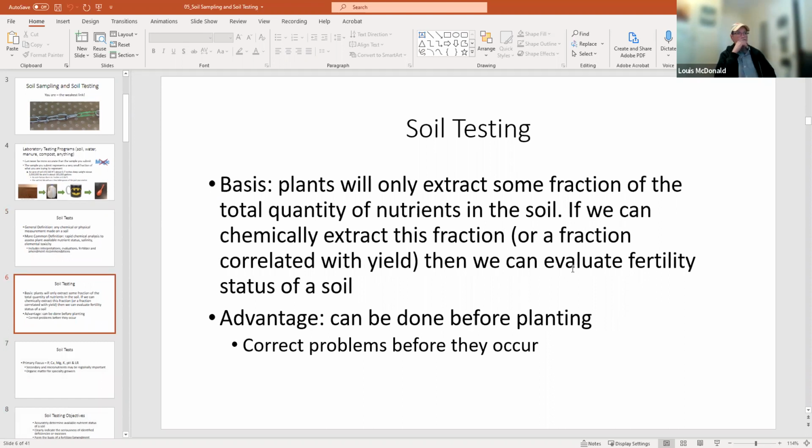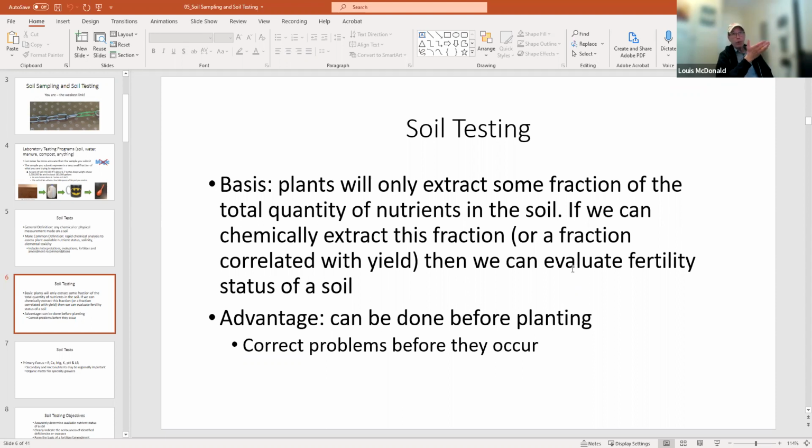So here's the idea, right? Plants are only going to extract some fraction of the total amount of the nutrient that's in the soil. Okay. And so what we want to do is extract chemically, very quickly, that fraction, and then correlate that with the yield. That's the idea. The advantage is that we can do this well before it's time to plant, right? So we can do this now.